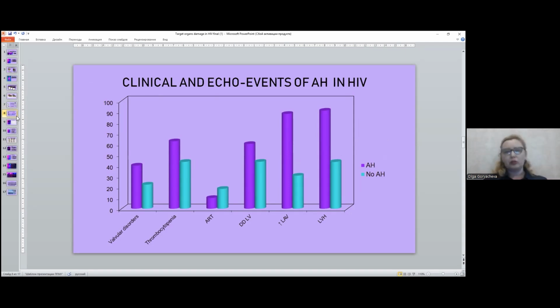Valvular disorders: what do valvular disorders mean? Significant regurgitation or valvular stenosis, or possible infectious endocarditis in anamnesis, but not during this hospitalization. Another one is thrombocytopenia. Thrombocytopenia is found in patients with HIV and arterial hypertension more than in patients without arterial hypertension.